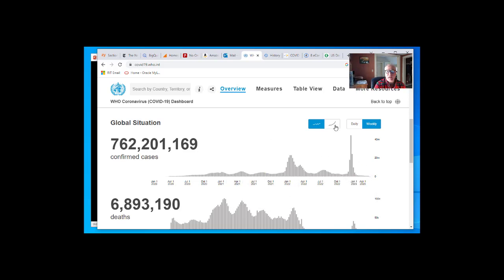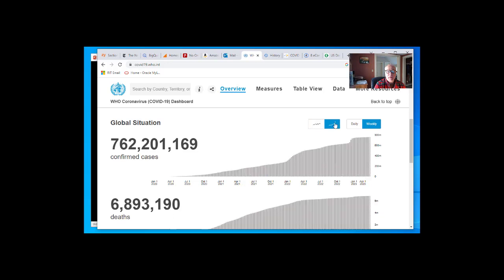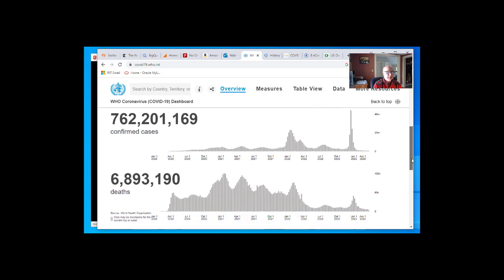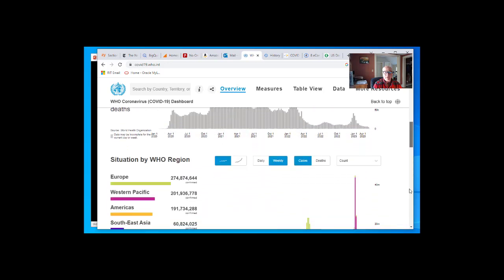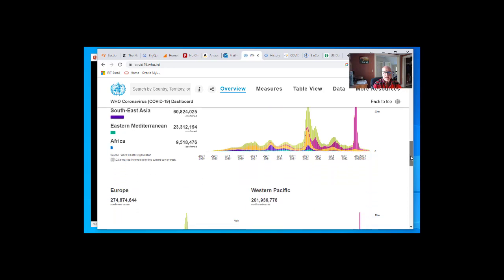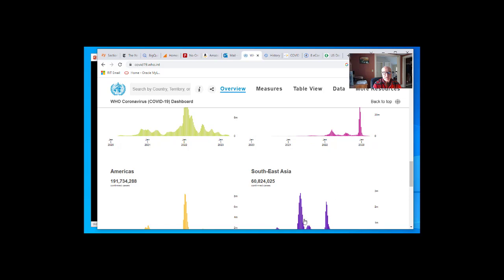We've got relevant controls in here, which makes life a lot easier for us to work with the data, to reformat it, just because that's what I want to look at. And global situation, number of deaths, situation by WHO region, and lots of really interesting things.